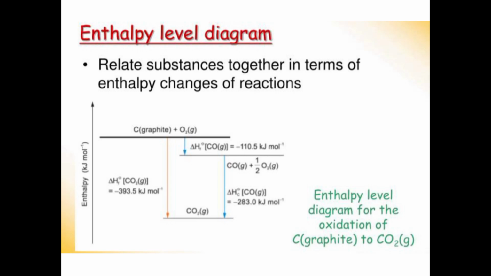You will see it will first form CO, and then move again to form CO2, as the case may be. So, irrespective of the route, the total enthalpy change is still the same.